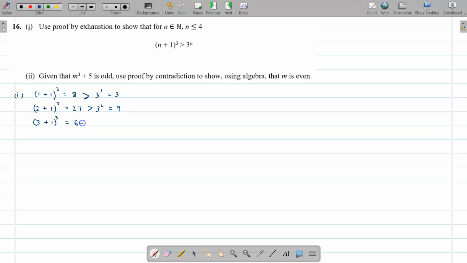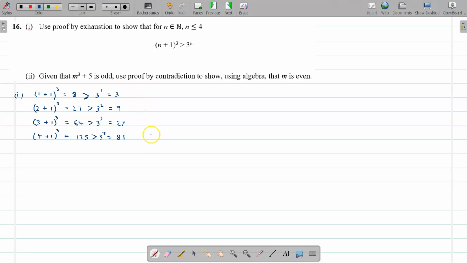And I can say that 64 is definitely greater than 3 cubed, which I know to be 27. And finally, 4 plus 1 is 5. When I cube that, I get 125. And I can state clearly that that is greater than 3 to the power 4, which is 81. And that's the 4 statements that I needed to show.